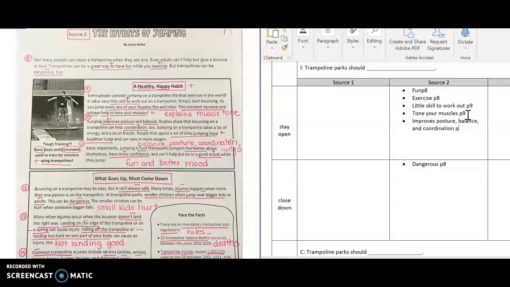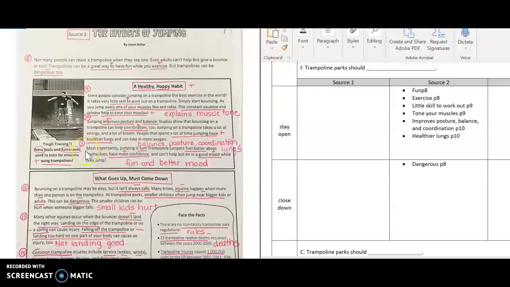And that was in paragraph 10. Now we continue down and we learned that it takes a lot of air, a lot of breath. So you develop healthier lungs and now you can take in more oxygen. Well, that's definitely a benefit. Healthier lungs. I'm almost imagining later on in my essay using that to argue that, of course, trampoline parks should stay open. Doesn't everybody want a healthier pair of lungs?